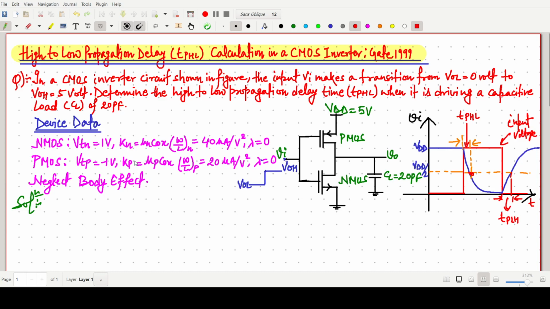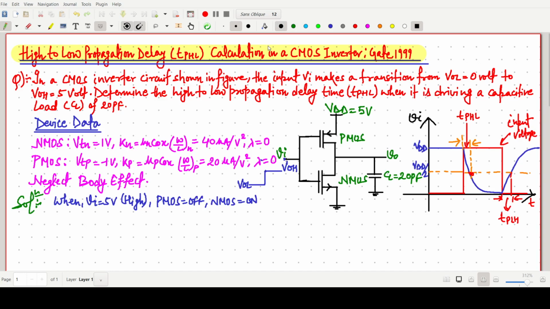So okay, so now when we consider when the input value is high, now we are considering when Vi is 5 volt, or we can say the high. Okay, during that time our PMOS will be simply off, and NMOS will be in on state.